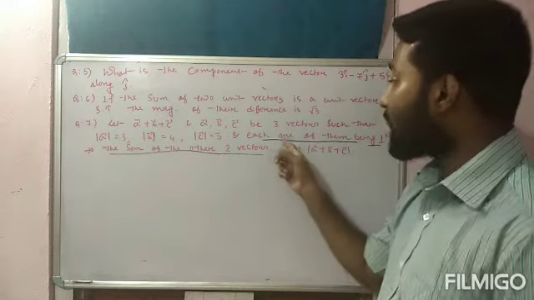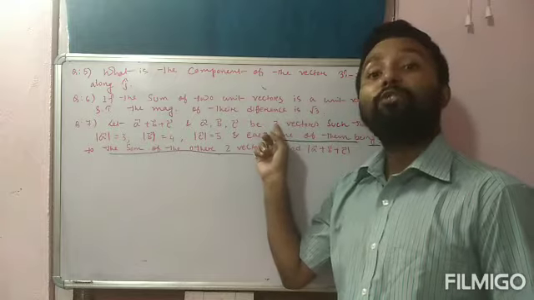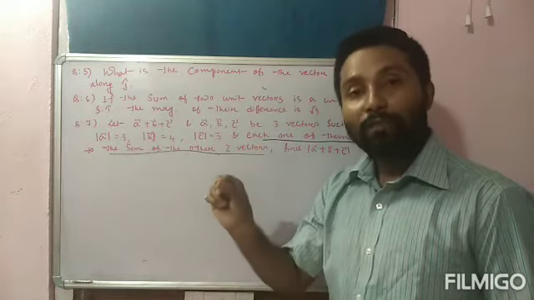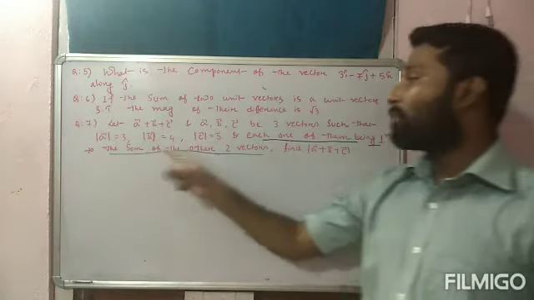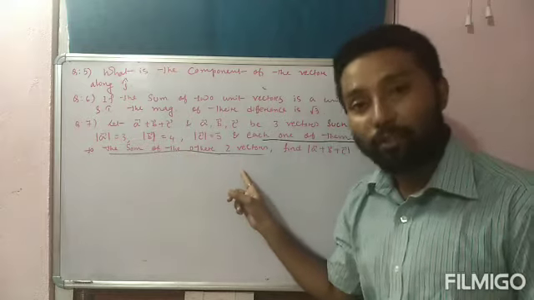Each one of them means how many vectors are there in total? 3 vectors. Each one of them being perpendicular to the sum of the other two vectors.